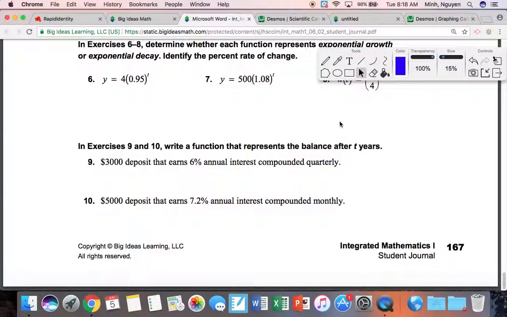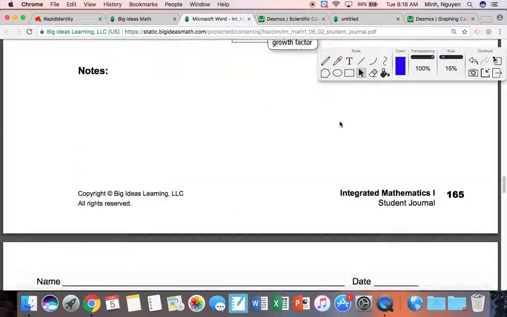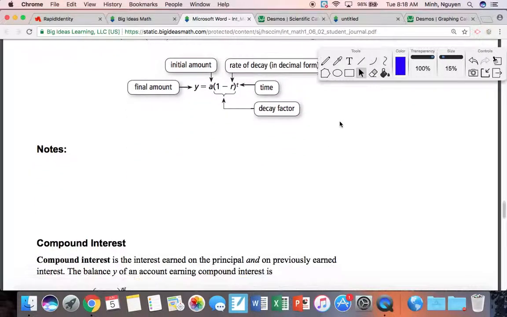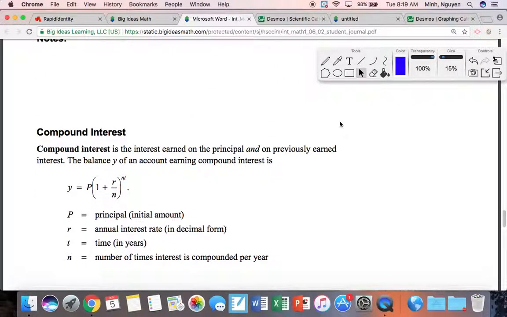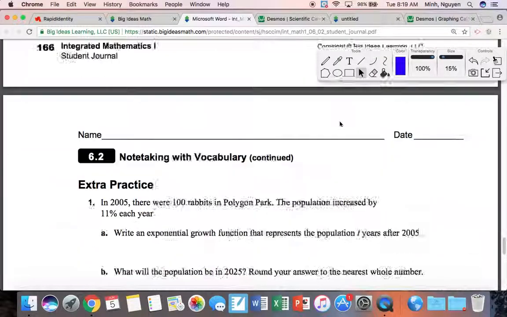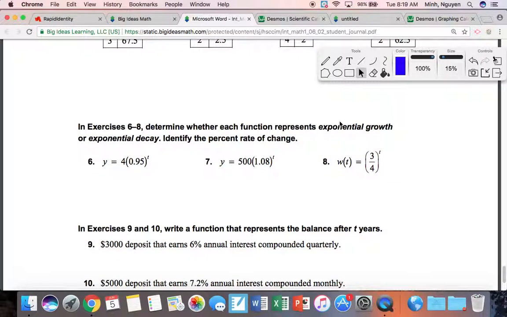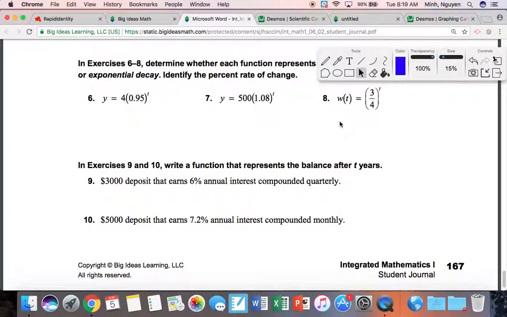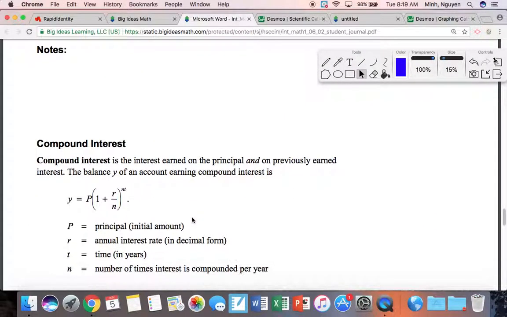Okay, finally, we're going into this compound interest formula. So principal is the starting amount, annual interest rate, time in years, number of times compounded. Again, that's referring to weekly, monthly, daily. Sorry, let me go back one more time to show you guys.